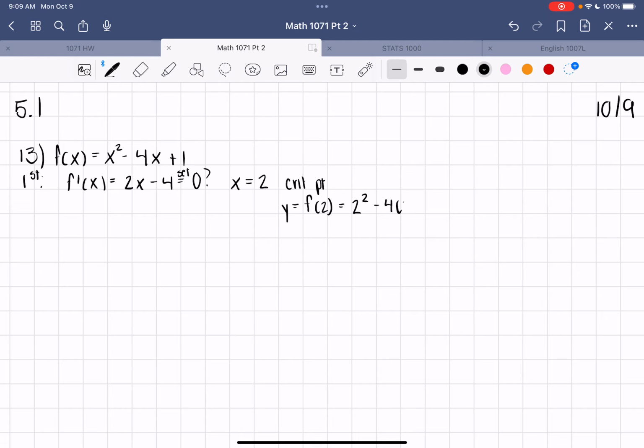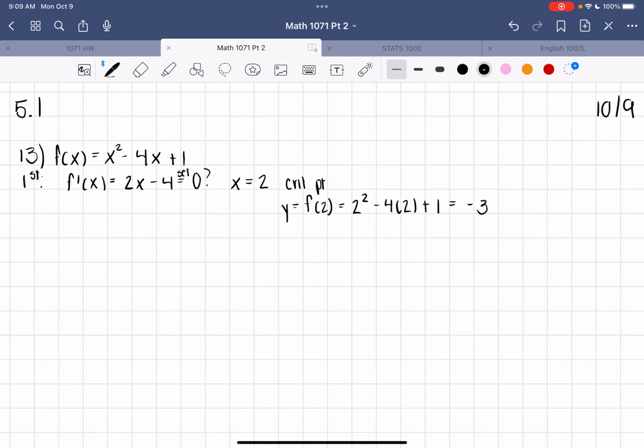So far, here's what we have. Let's scale my axes 1, 2, 3, 1, 2, 3, 1, 2, 3. And so here, when x is 2, y is negative 3, there's the point 2 comma negative 3.